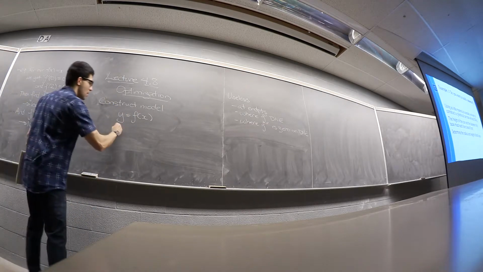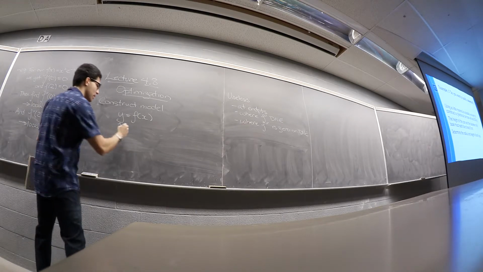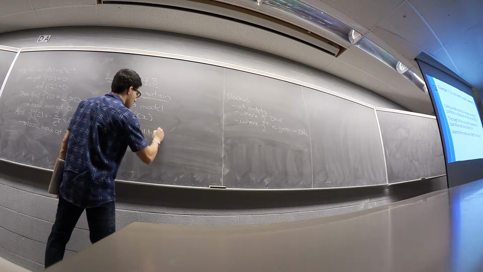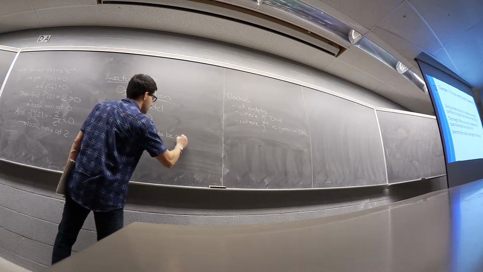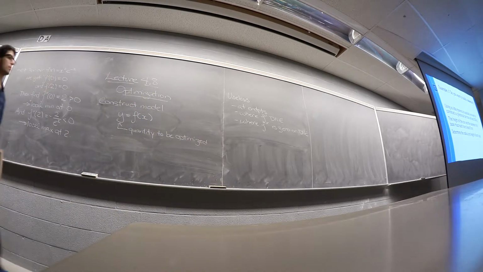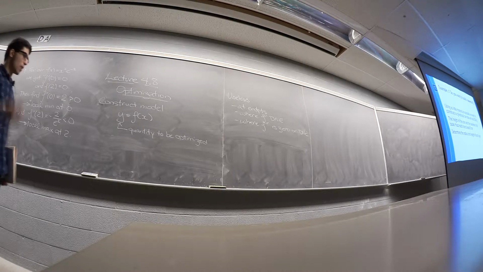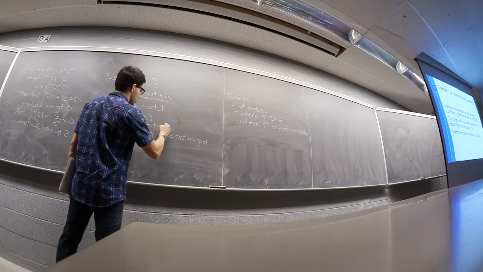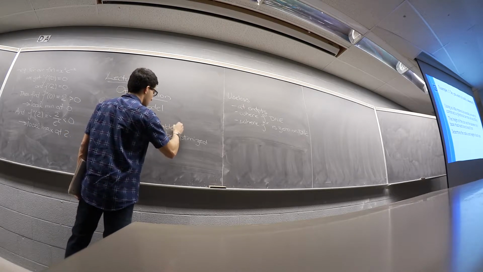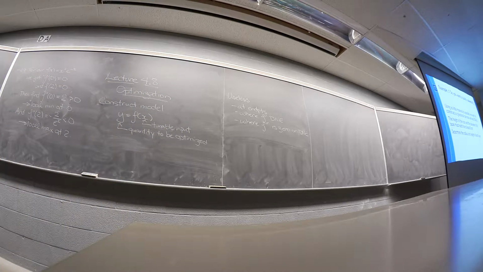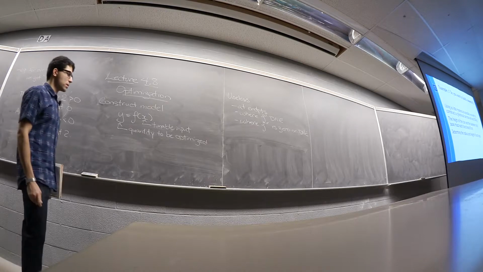This is the output, the quantity to be optimized. It's the thing that you want to get as big as possible or as small as possible. It's the output. And this is the tunable input, the sort of control knob you can move around to try to get the biggest possible Y or the smallest possible Y.